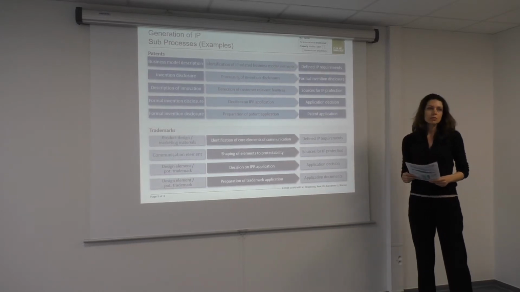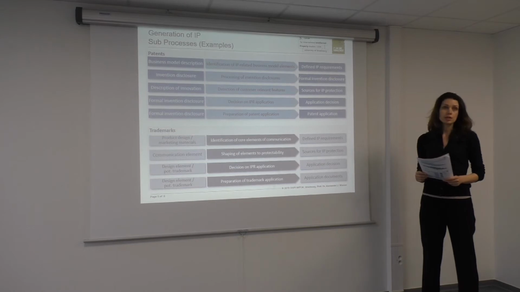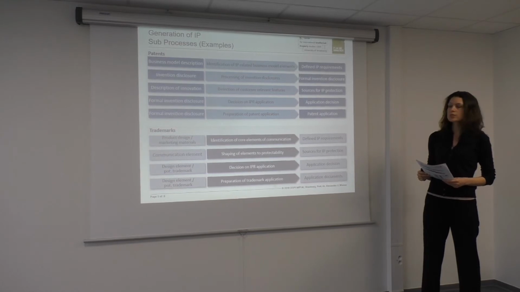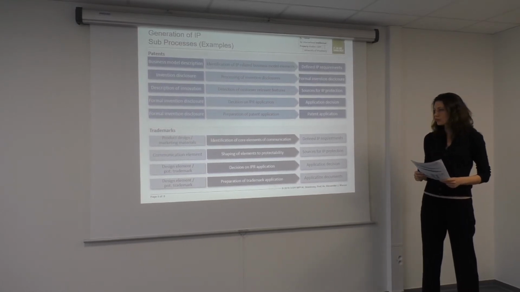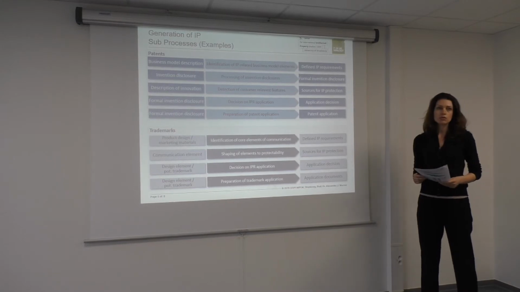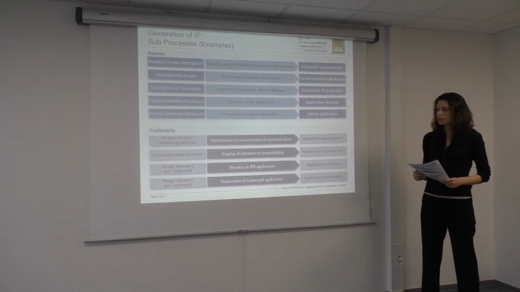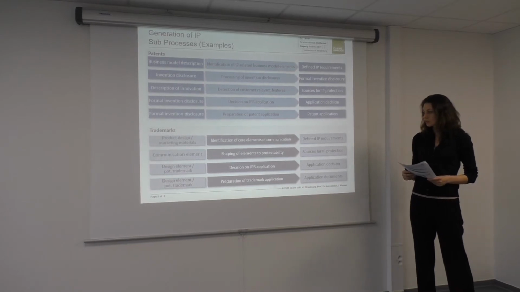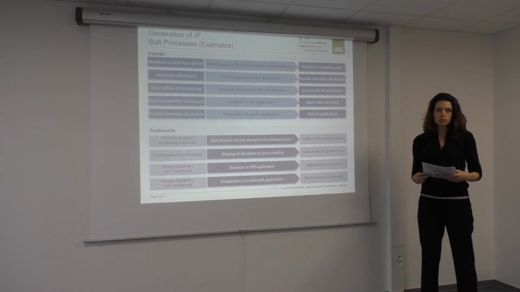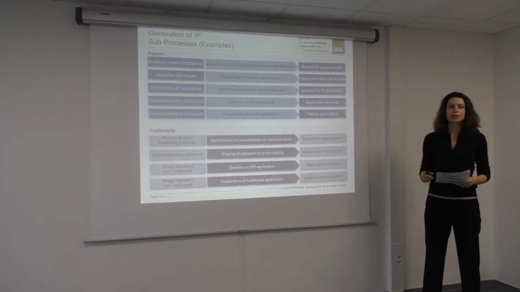And on the basis of this availability search, we'll be able to identify the sign which best serves our product or service, the goods and services to which it will be applied, and we also have to decide which will be the applicant for this protection, because trademark registration requires use of the sign. And as soon as we have these elements, we can work on the preparation of the trademark application and the necessary documents to file in the respective countries.